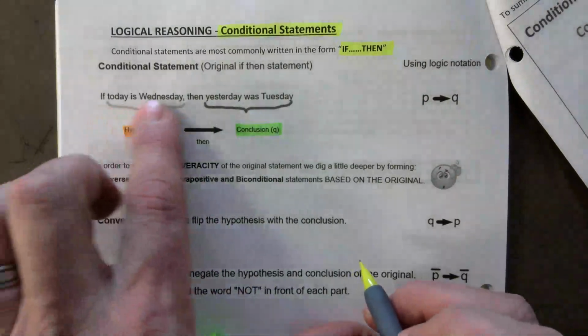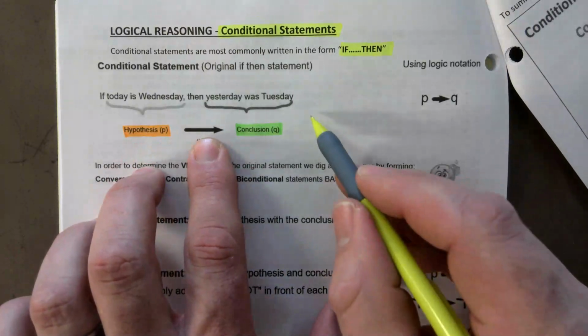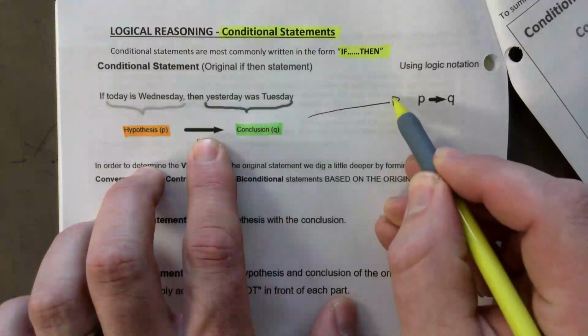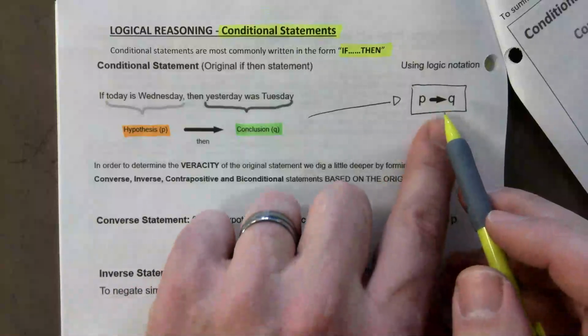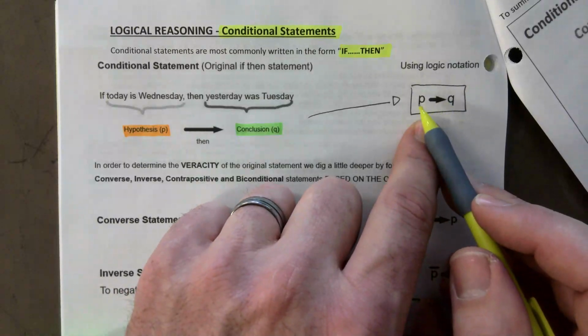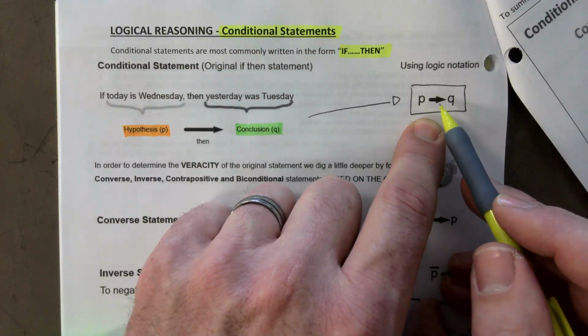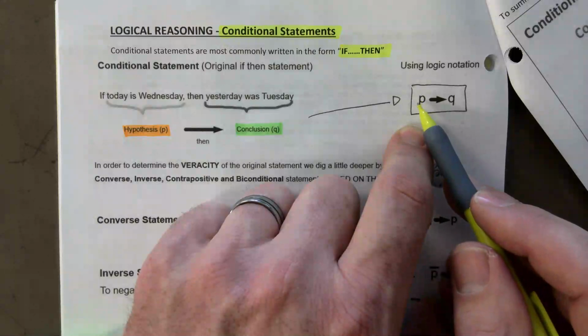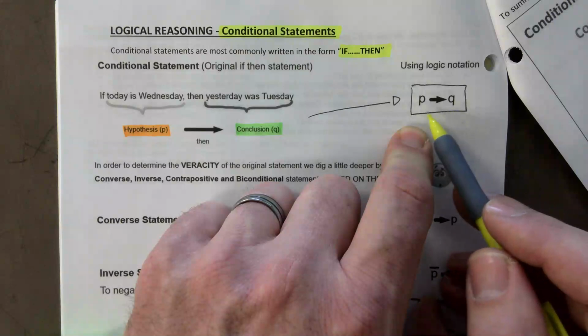So this statement right here, folks, using P and Q and the arrow, it really is summarized by this little notation on the side. If you ever see P and an arrow Q, you should immediately think, oh, that's a conditional statement that's saying if P is true, then Q will follow. Okay?